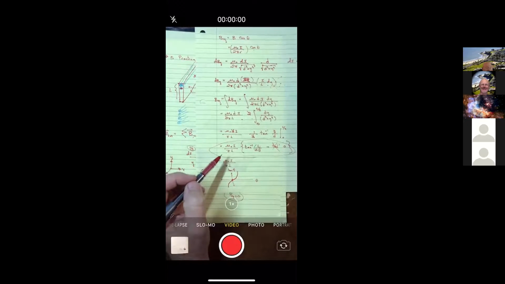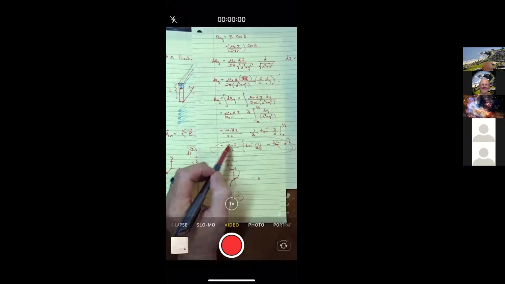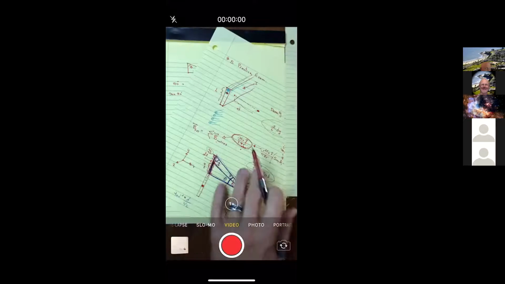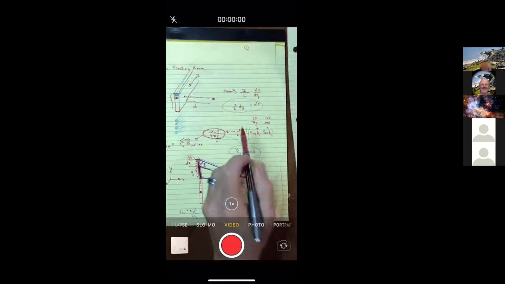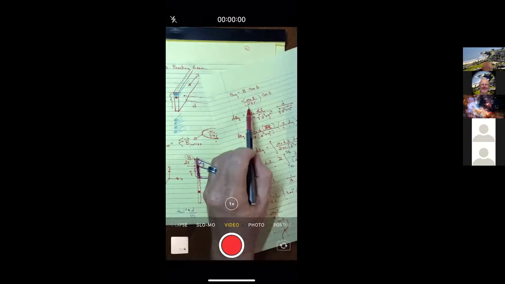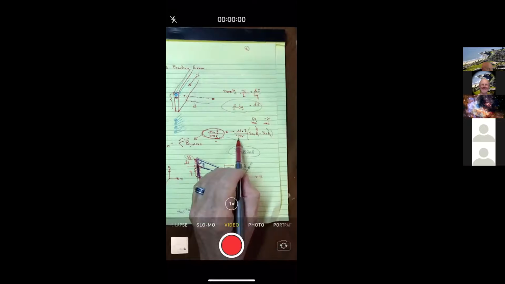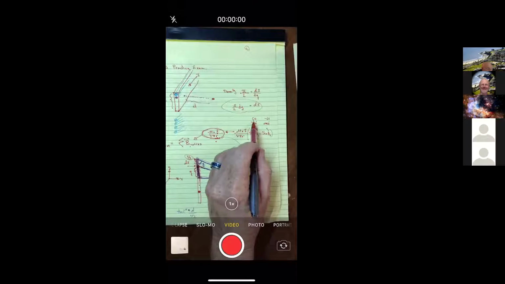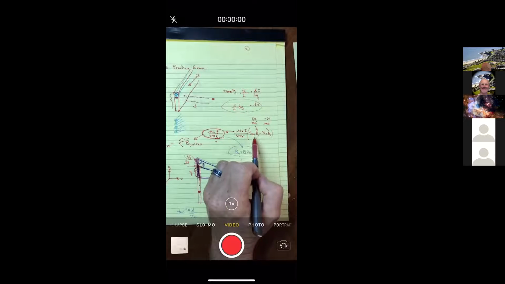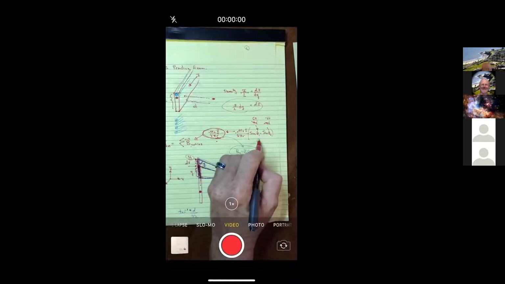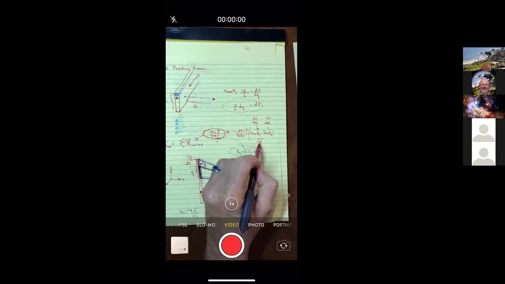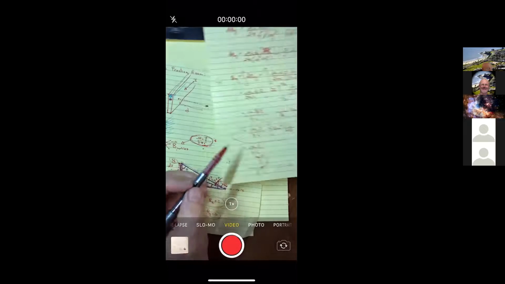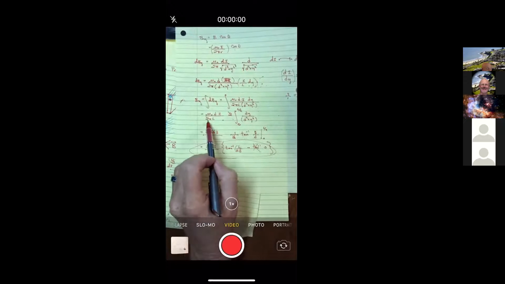So yeah, it would be a small variation, and you would have this factor out in front as a result. Instead of having a 2 here, we would have a 4, and that 4 would be over the sine of 60 minus, which is pretty easy, just square root of 3. So this right here would be square root of 3, and I would have a square root of 3 over 4 out in front instead of this 2 out in front.